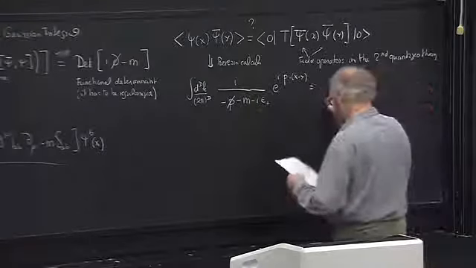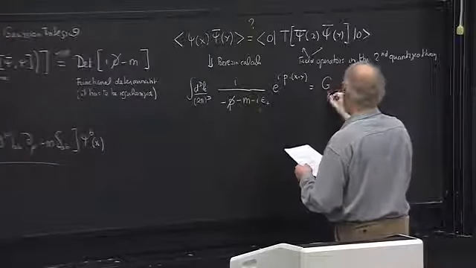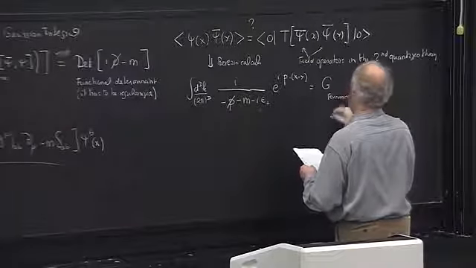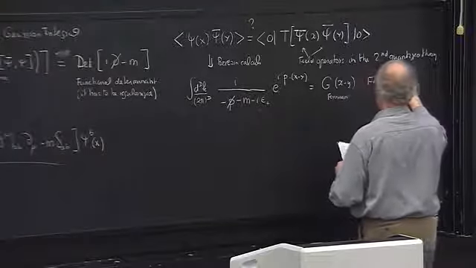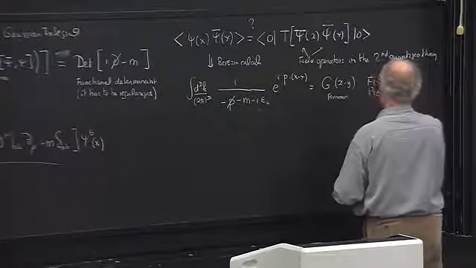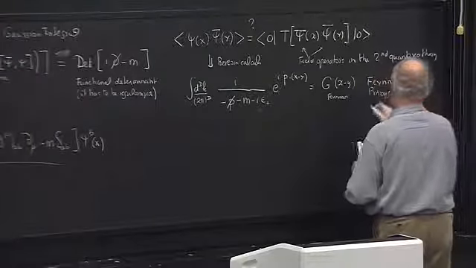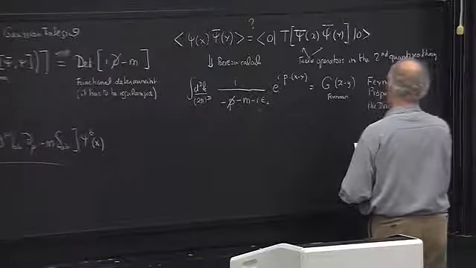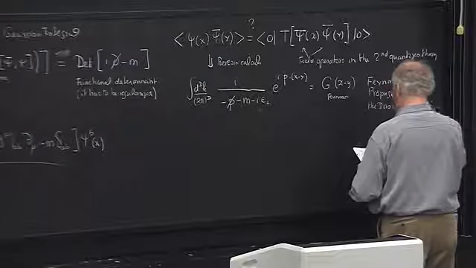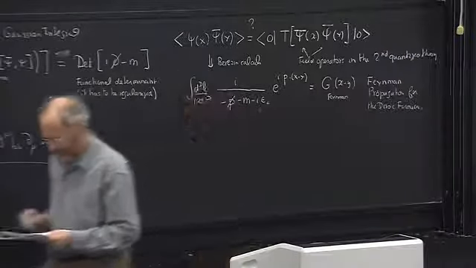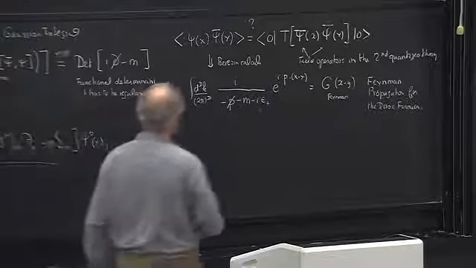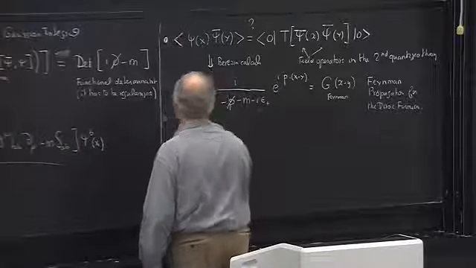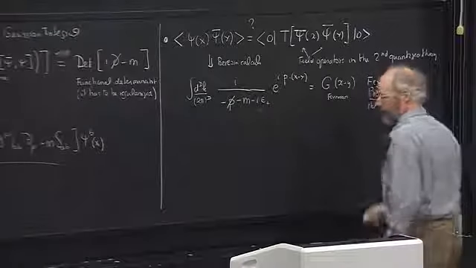So you get precisely the Feynman propagator of x minus y, Feynman propagator for the Dirac fermion. Okay? So this is for the propagator.